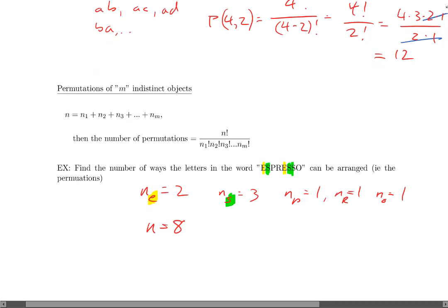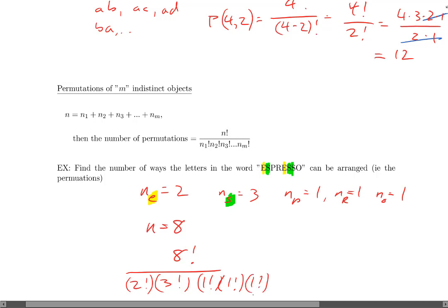So now we just use our expression here. And so we've got 8 factorial over 2 factorial, 3 factorial, 1 factorial, 1 factorial, and then 1 factorial, accommodating everything.